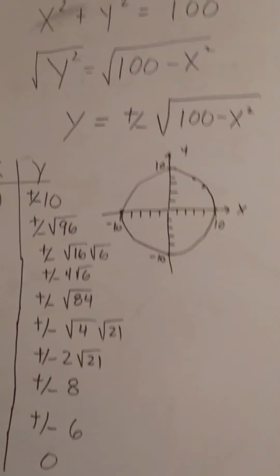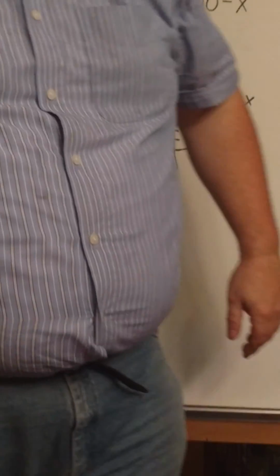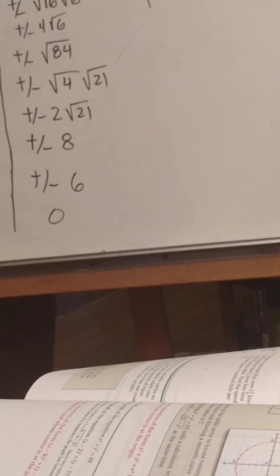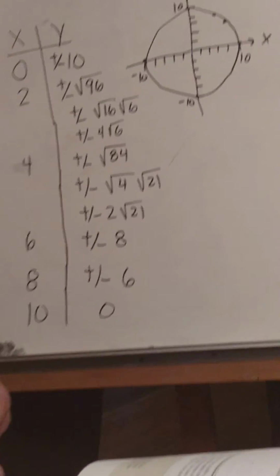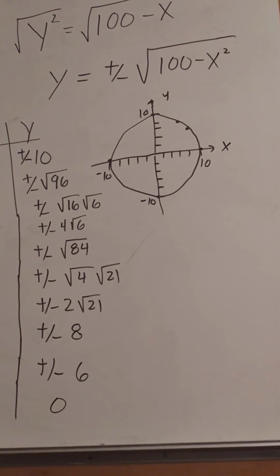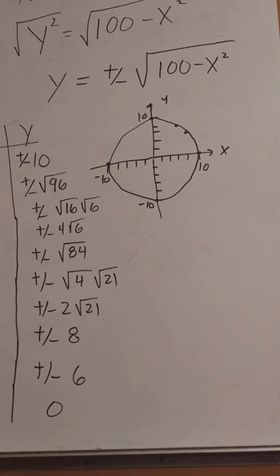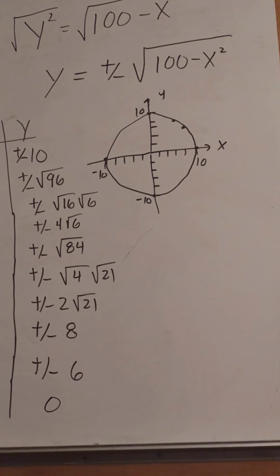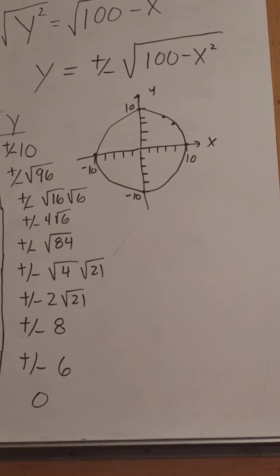All right, look in your book for a second, on page 239. It has the quantity x minus 2 squared plus the quantity y minus 3 squared equals 9.